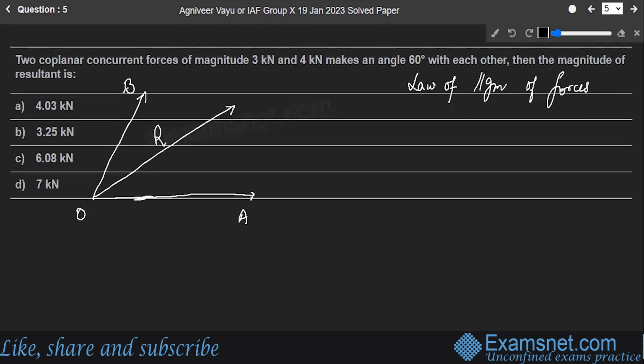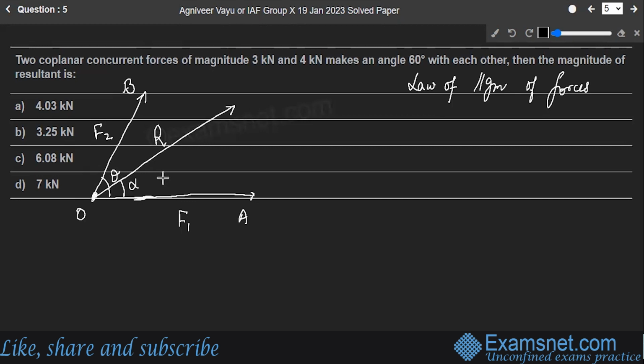Now let's say these two vectors are representing two forces, F1 and F2, which are acting at the point O, in magnitude and direction, and by the directed lines OA and OB, inclined at an angle of theta to each other. So this is angle theta.